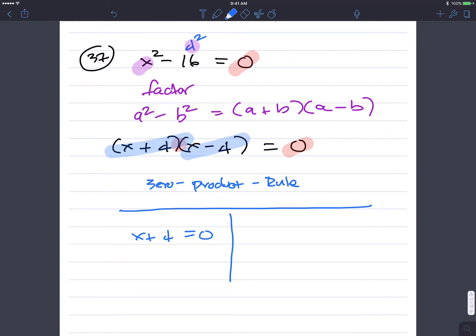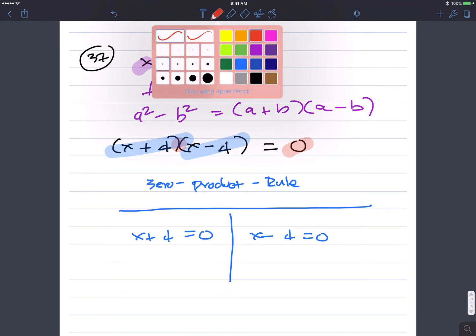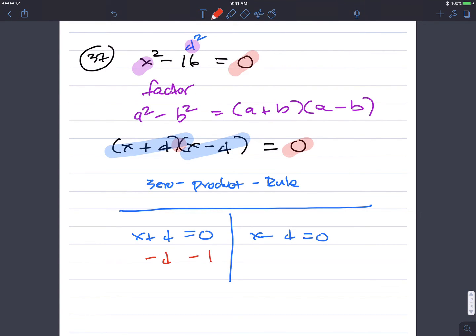The second term is x minus 4, so I set x minus 4 equal to 0. What do you guys do now? You're going to solve for x. How do you solve for x? We can translate that, move it to the other side. We can translate that too.